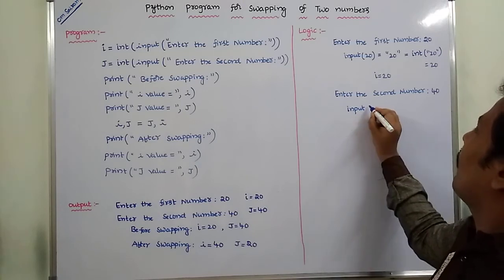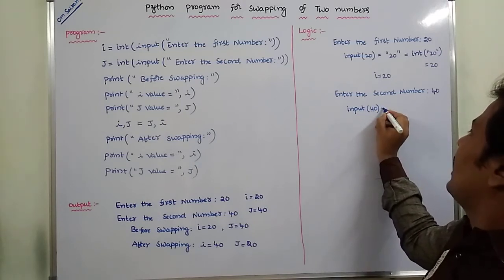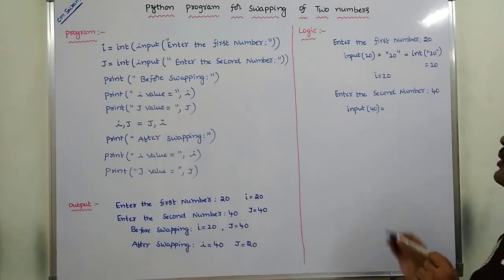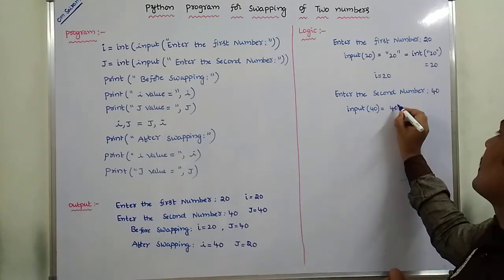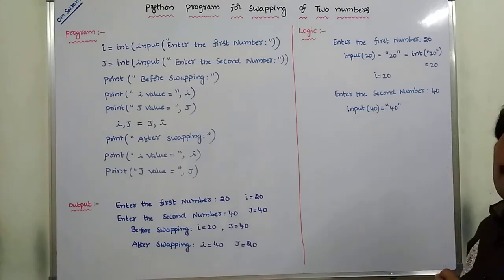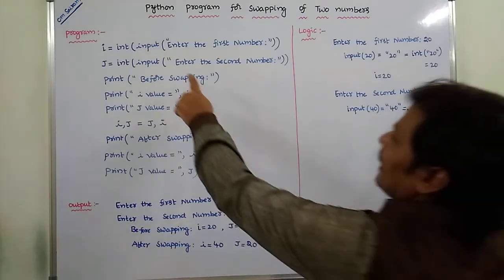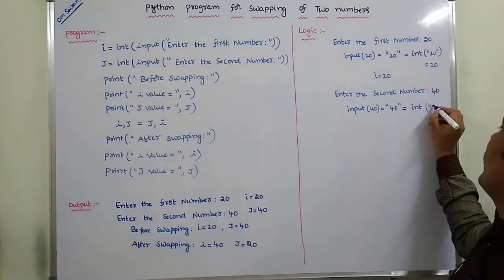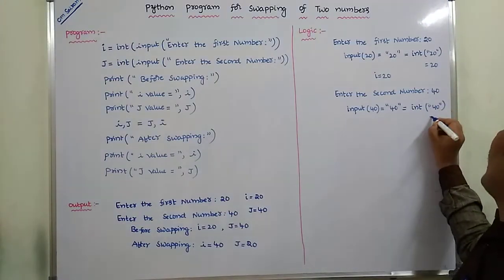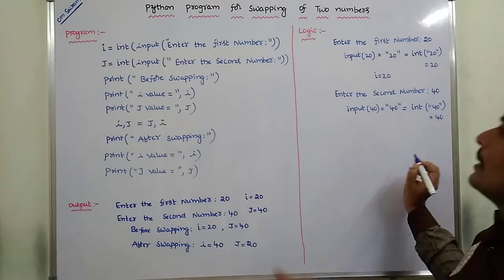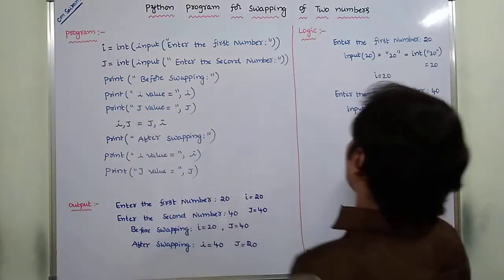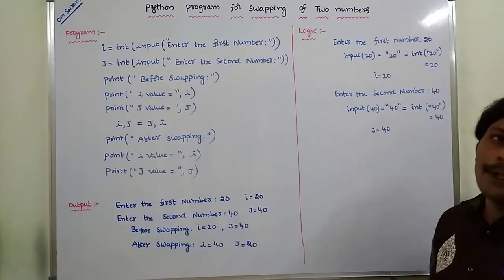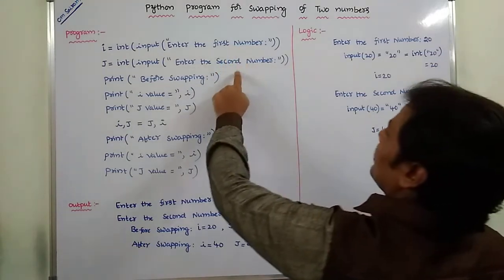The input function reads the value from the keyboard and returns the string of 40. This string of 40 is taken by the typecasting int function. Now it returns integer value 40. This 40 value is assigned to J. J is equal to 40. The first and second statements are completed.